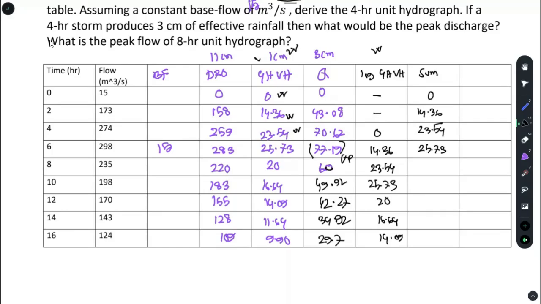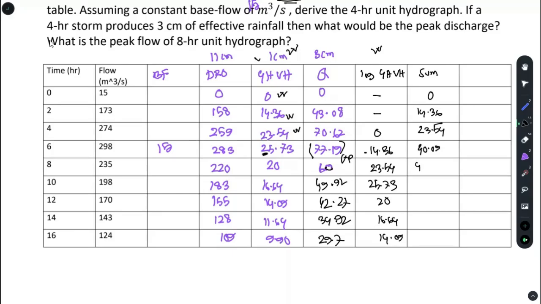Am I writing it correctly? Maybe not. It will be a higher value, which is, I will add 25.73 and 14.36, and for that I will get a value of 40.19 after 23.53.